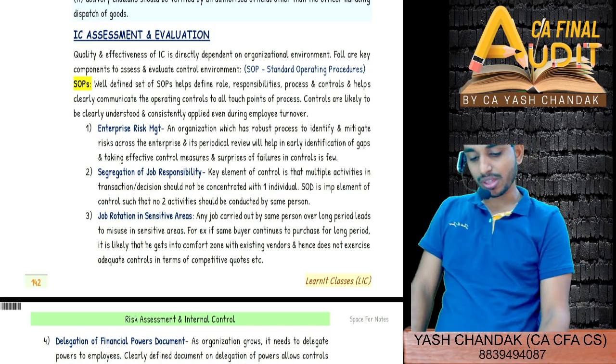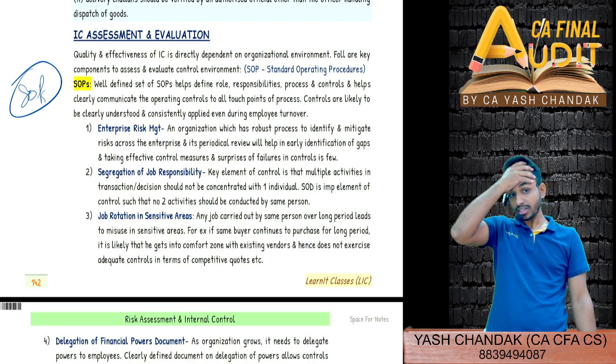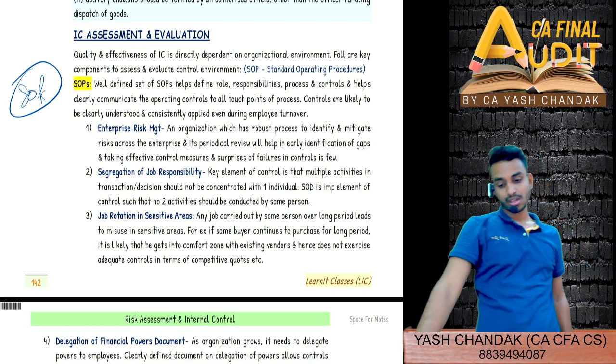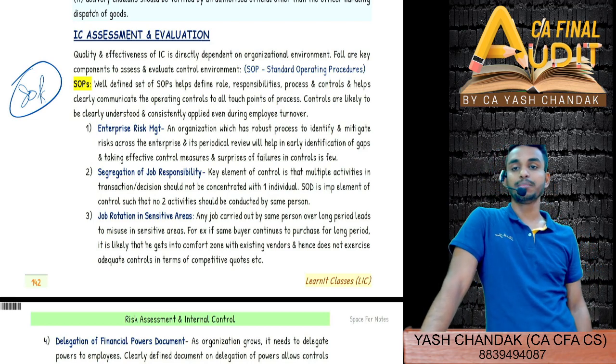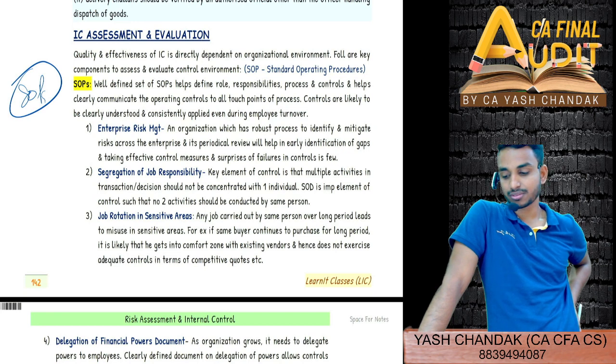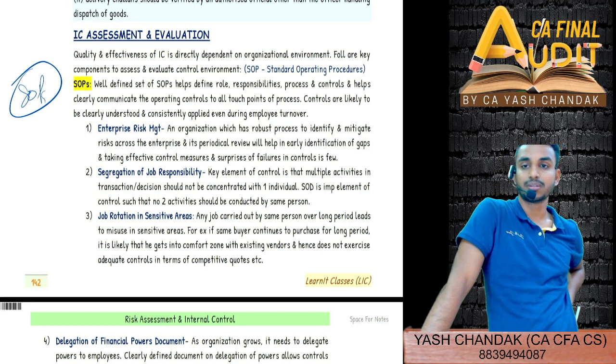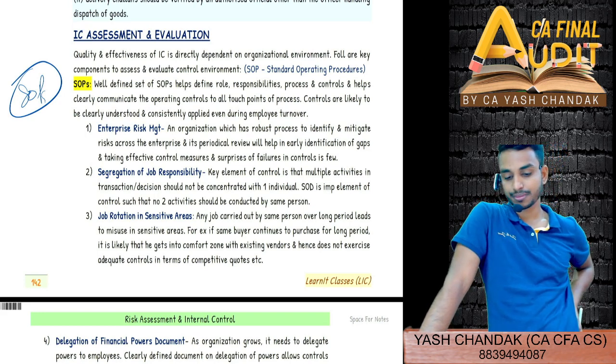Now come to SOPs. You must be aware about SOPs, standard operating procedures. What do you mean by SOPs? You must have gone through them in your organization or somewhere else where you would have worked.